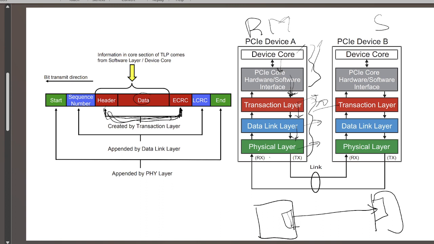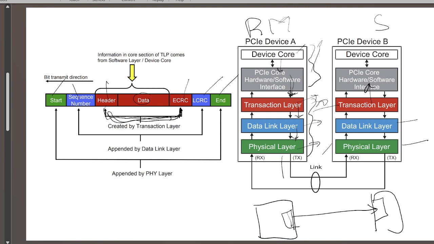Whenever the physical layer starts, it will mark the packet from start to end. What happens on the receiver side: the start and end markers are removed. In the data link layer, the sequence number and LCRC are removed, and in the transaction layer, the header and ECRC are removed. The actual data then enters the core.